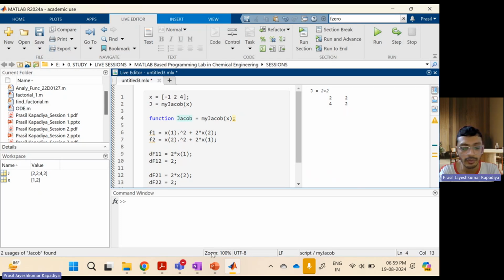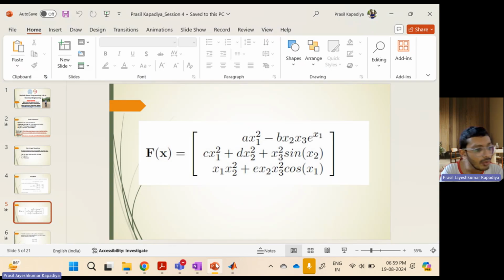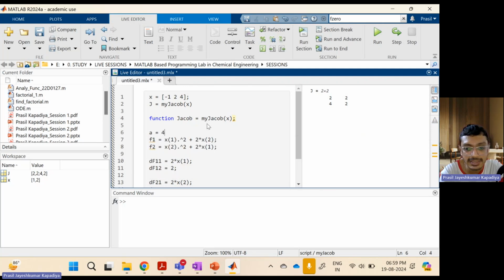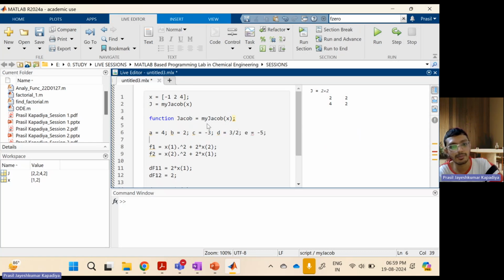Now what is my function? My function is a into x1 square. Let's define my constants earlier. I'm giving some random values. Let's say a is equal to 4, b is equal to 2, c is equal to minus 3, d is equal to 3 by 2, and e is equal to minus 5. Let's say these are some random numbers for a, b, c, d, and e.